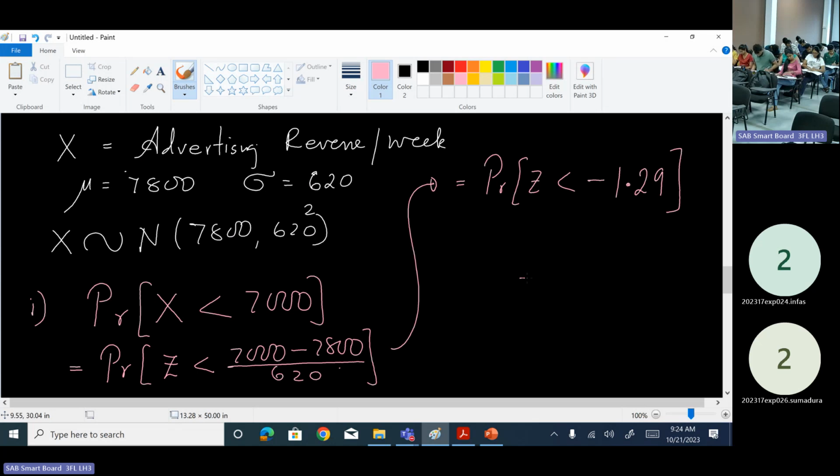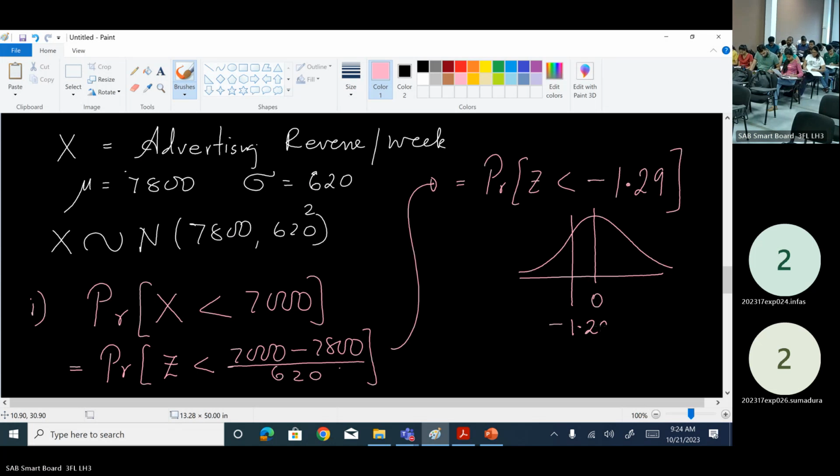Now we are in the Z scale, so we draw the structure. 0 comes in the middle, minus 1.29, and less than this area needed.